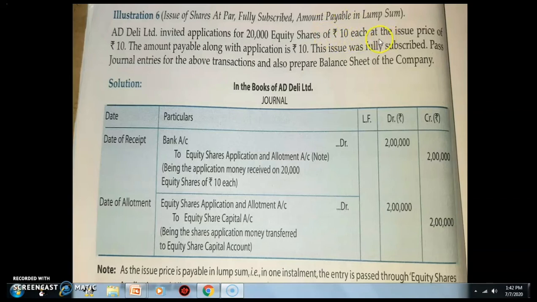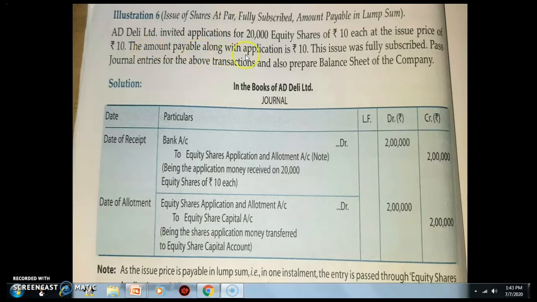And further they have mentioned that 10 rupees shares they are issuing for 10 rupees. So this is the case of issue of shares at par. That means the value of one share is rupees 10. They are issuing it for rupees 10 itself, not more, not less than 10. So if the shares are issued for the same value, then it is known as issue at par.